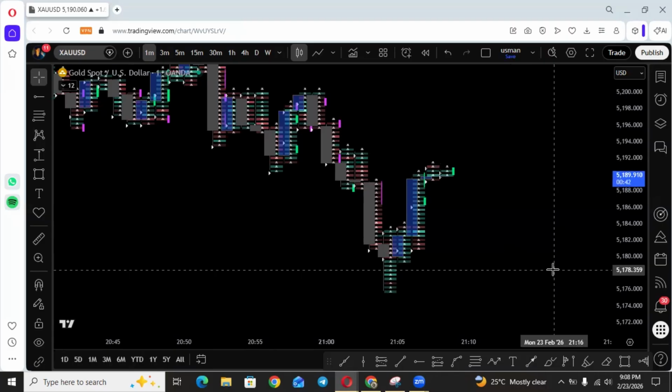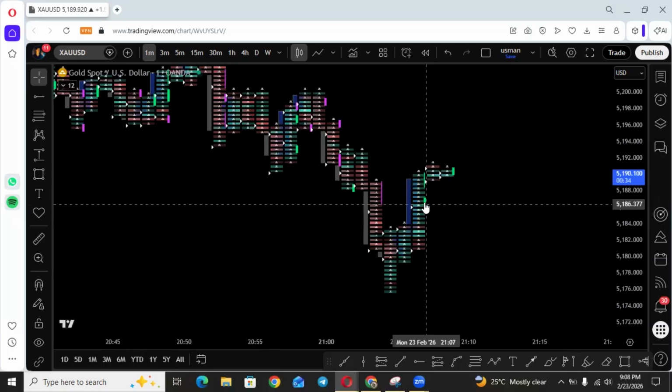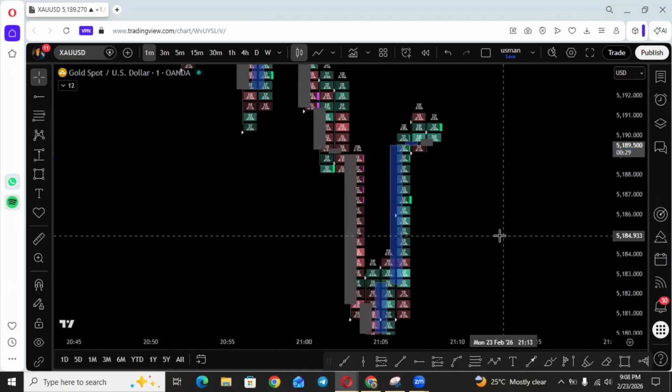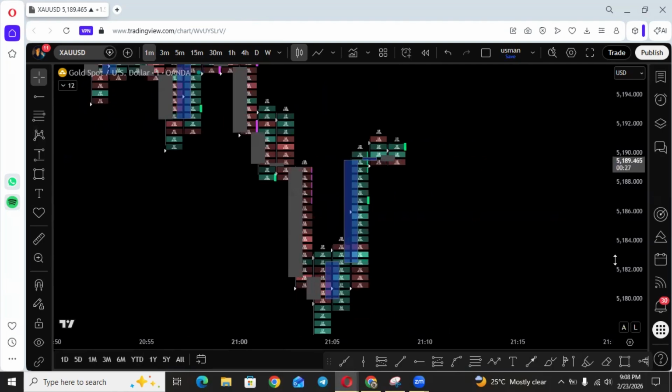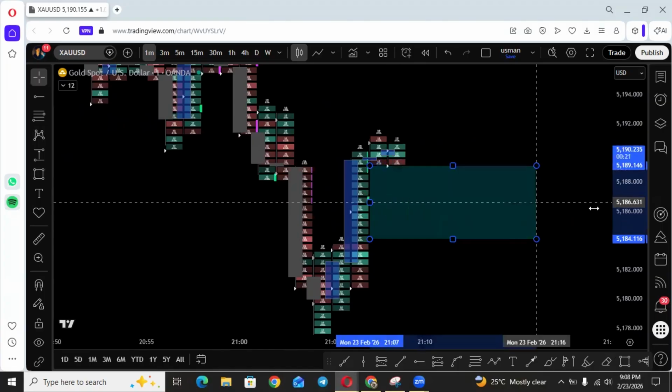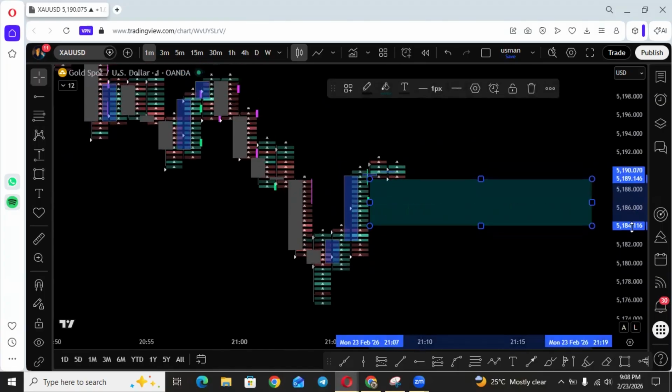But I have to see your reaction, how you will like it. If you like it, you are going to love this tool, because it provides you the actual information that happens behind the candle. This will enhance your trading approach and your trading style.